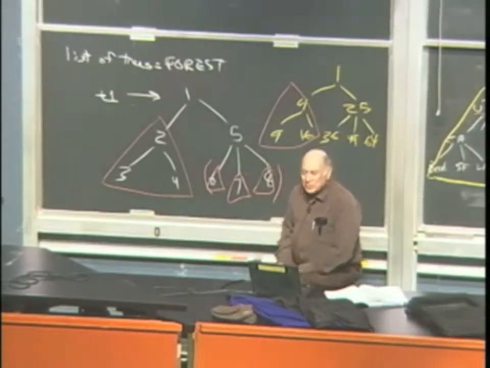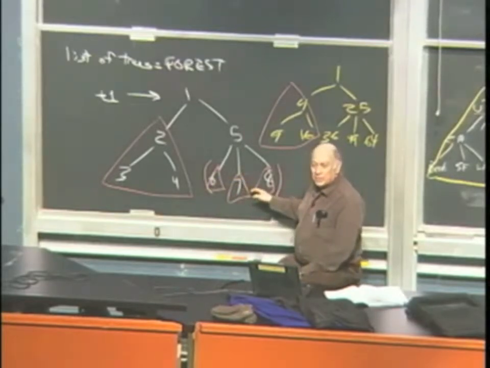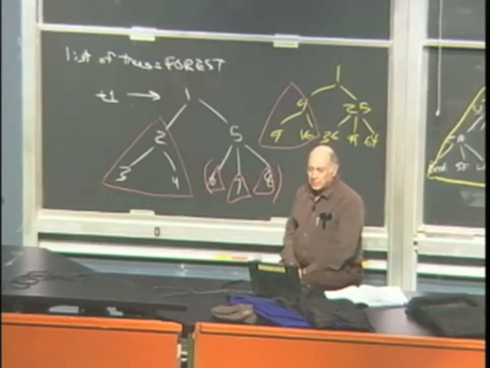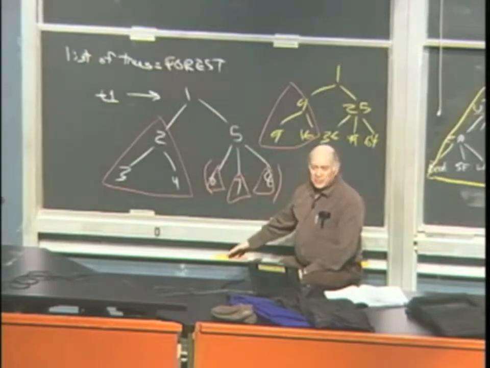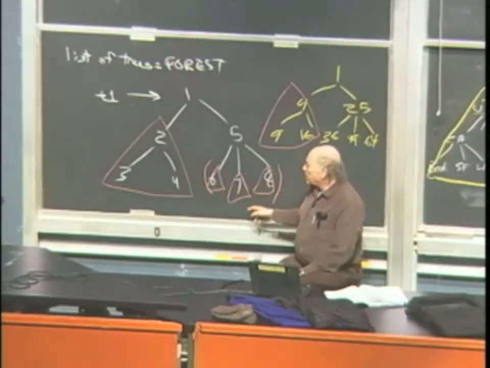So map is given this list of 3 nodes, and it chugs its way down the list until finally it runs out. Okay? So one base case is the sort of vertical end of things when we're at a leaf node, and the other is a kind of horizontal end of things when we've run out of siblings.